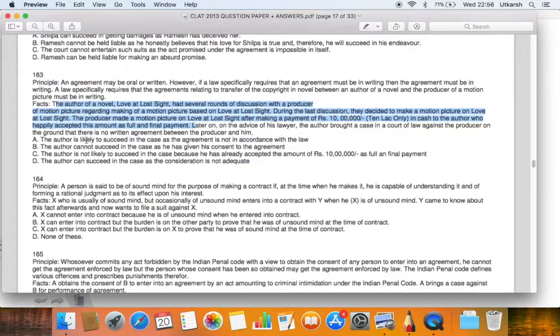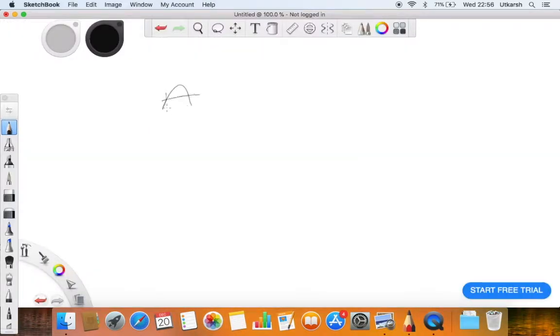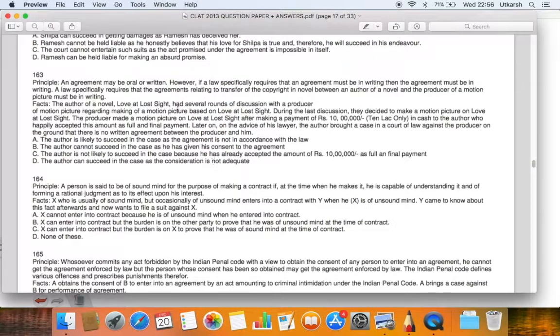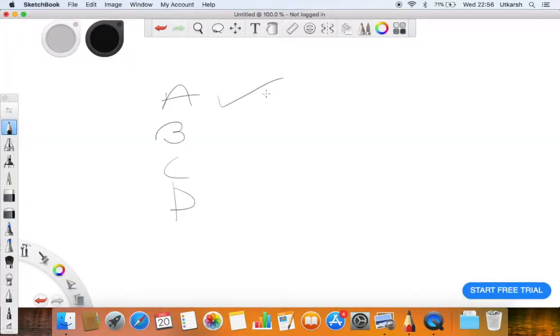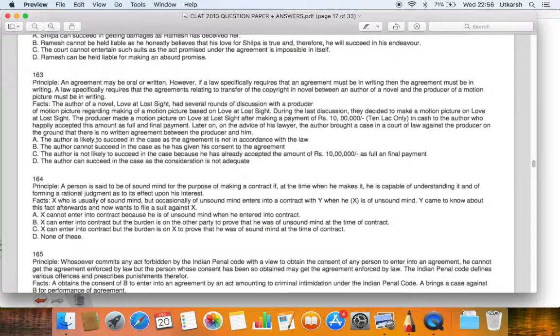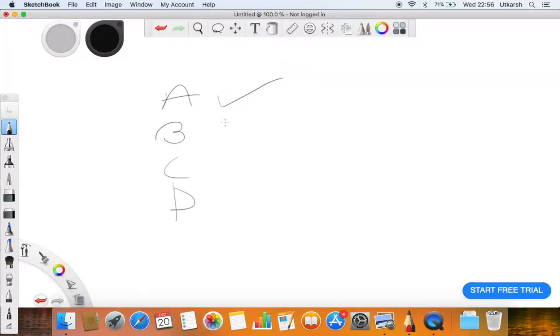So let's look at the options. Option one is that the author is likely to succeed because the agreement is not in accordance with law. That is correct, because the agreement is not in writing. Another option says the author cannot succeed as he gave consent to the agreement. Again, the agreement has to be in writing.